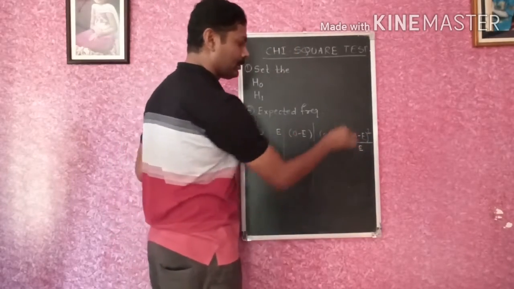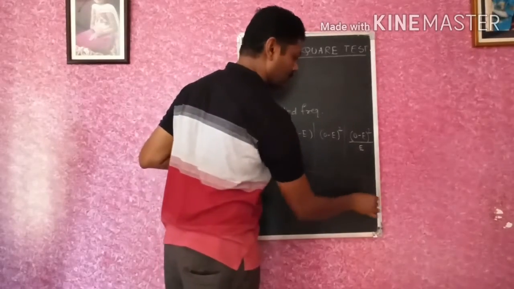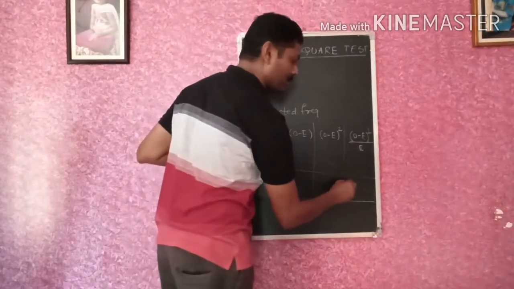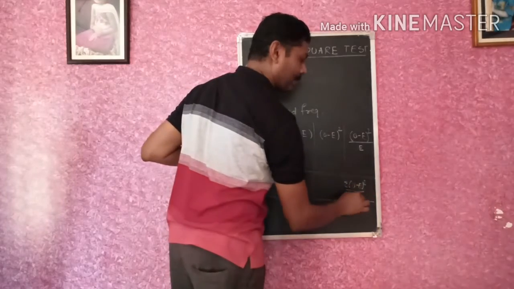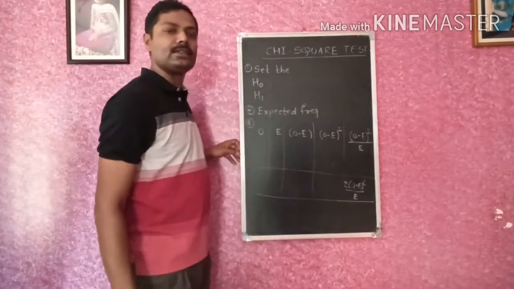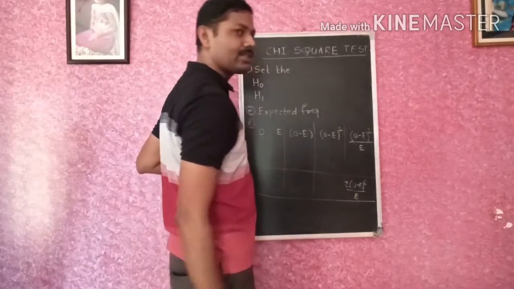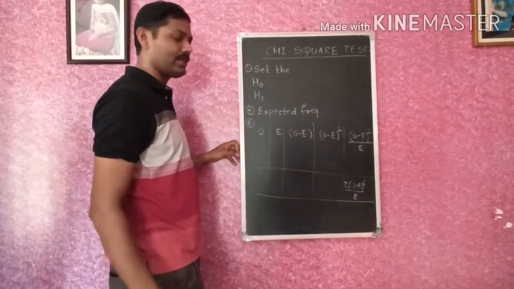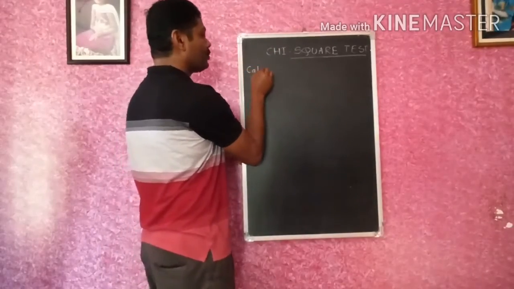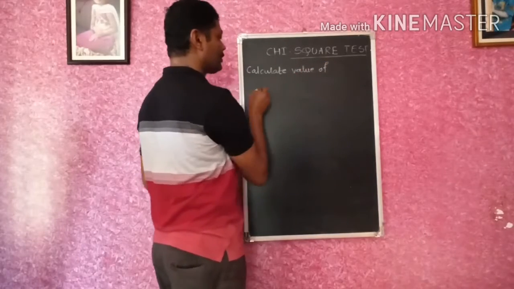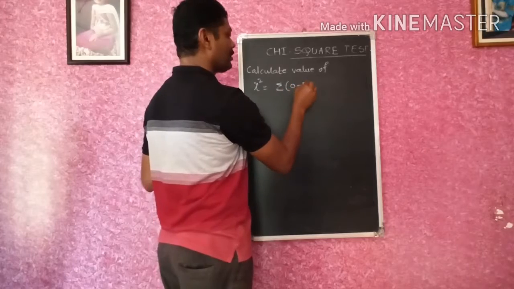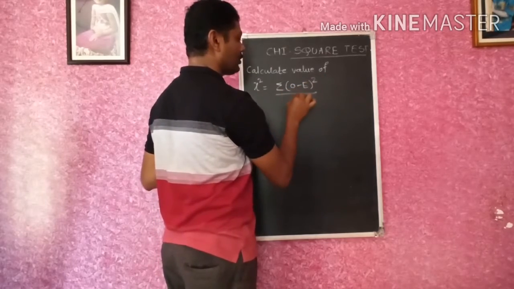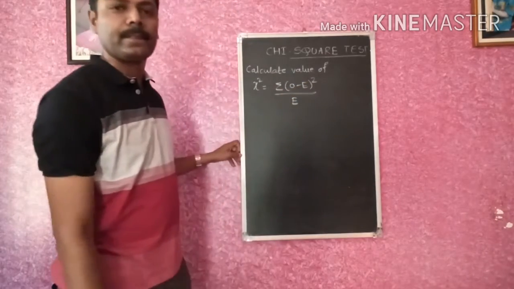Find the total of the last column, that is summation of (O minus E) squared divided by E, and this summation is called the calculated value of chi-square. So the calculated value of chi-square is summation of (O minus E) squared upon E.